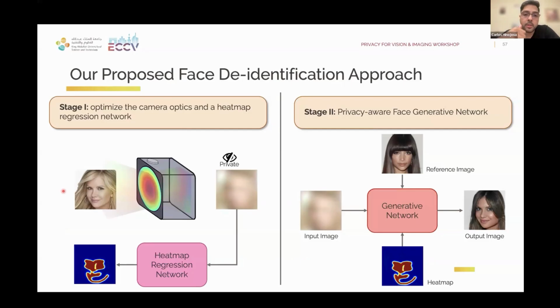In the second stage, our primary goal is to learn the parameters of a conditional GAN. This GAN generates a new face identity using only the input privacy preserving image and the heat map. Then, with a reference image, we generate a new one.